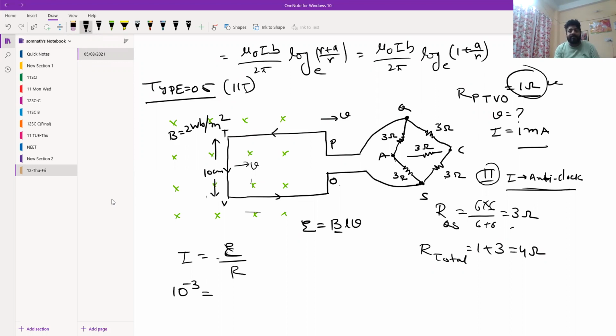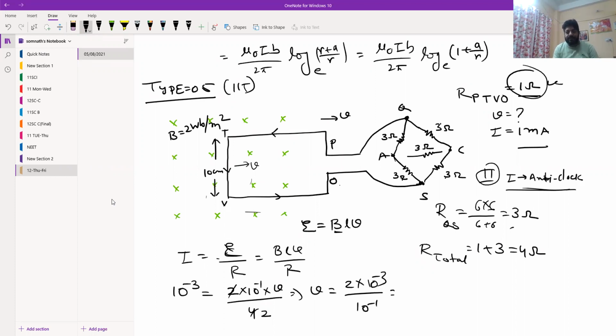Motional EMF magnitude is BLV by R. Magnetic field is 2, length is 10 centimeter, that means 10 to the power minus 1, velocity I want to find, and resistance is 4. I can cancel it. So my velocity is 2 into 10 to the power minus 3 by 10 to the power minus 1, which means V equals 2 into 10 to the power minus 2 meter per second, that is 2 centimeter per second. Yes or no?